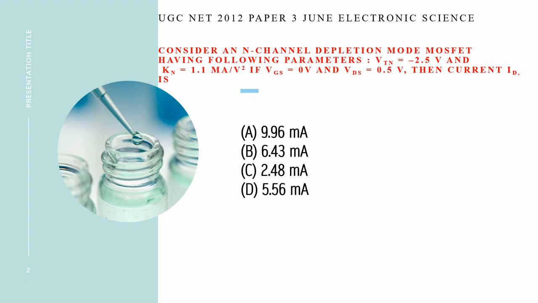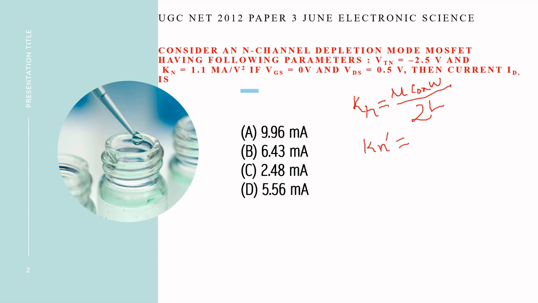Let us see. Here the Kn value is given, that is equal to 1.1. From the basic concept of JFET, we all know that Kn equal to mu COX W divided by 2L. So what is the value of Kn prime?